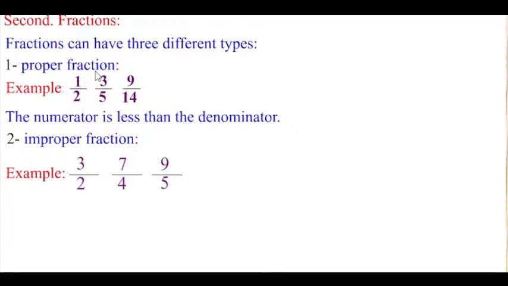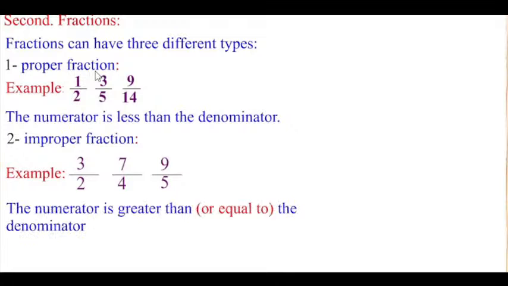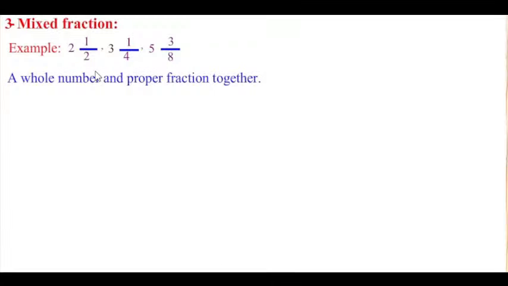Example: 3 over 2, 7 over 4, and 9 over 5, and so on. The numerator is greater than or equal to the denominator. 3. Mixed fraction. Example: 2 and a half, 3 and a quarter, 5 and 3 over 8. A whole number and a proper fraction together.